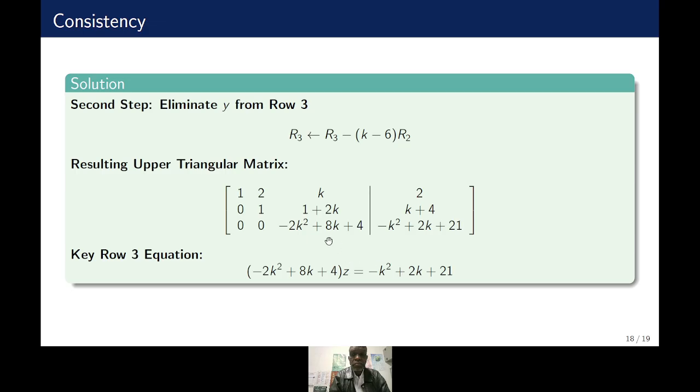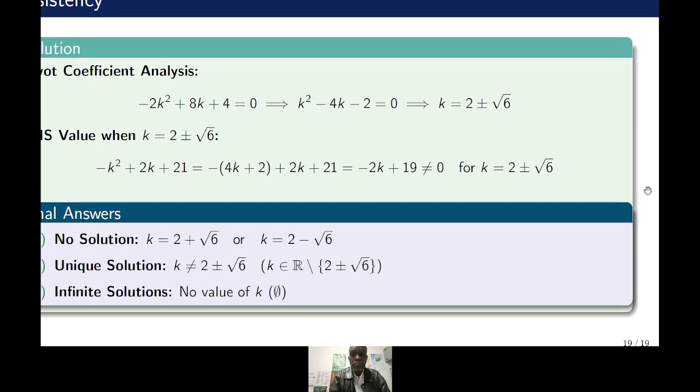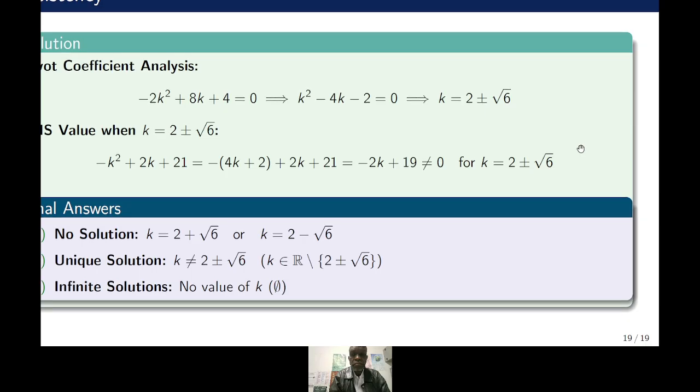Remember, if you have a row of zeros, then you have a unique solution. So let us go down and see what this does.